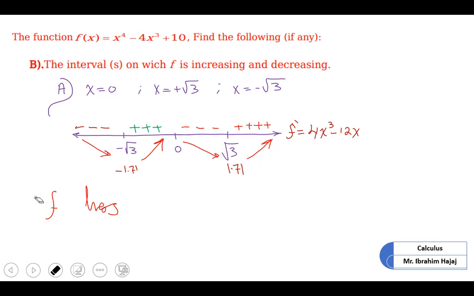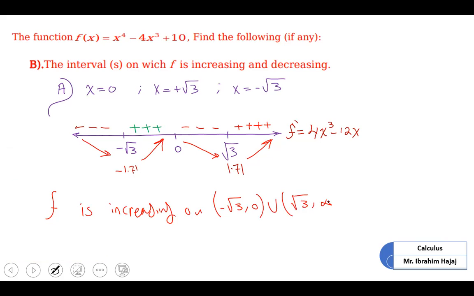let's write directly. The function f is increasing on the intervals from what to what? Yes, from negative radical 3 to 0, union from what? Radical 3 to positive infinity.